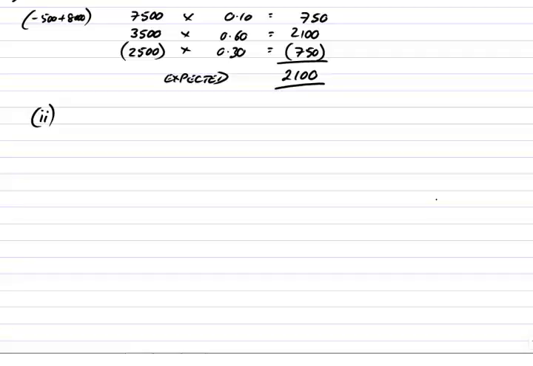So we're going to have to set up a full table. It's a little bit like something you should have done in paper F5. The point is, at the end of period 1, first of all, you could have ended up with a balance of 7,500.